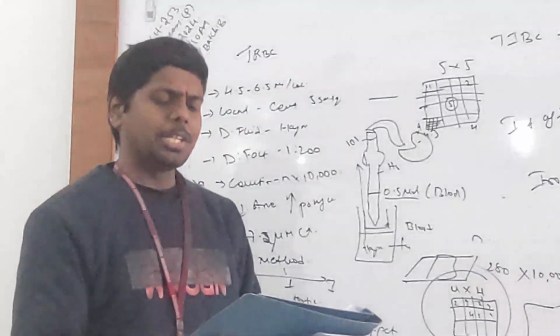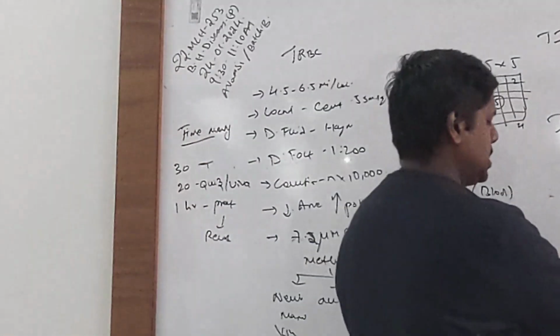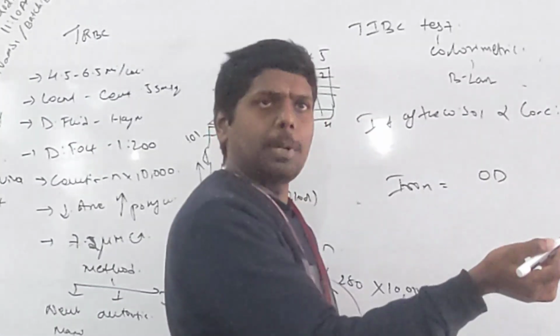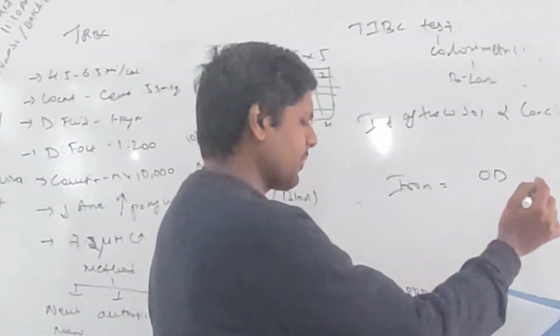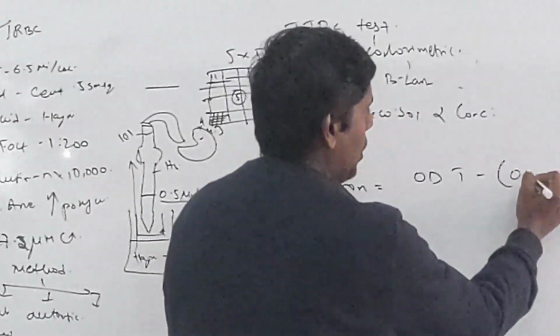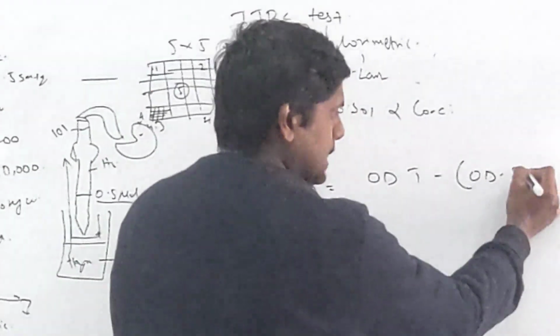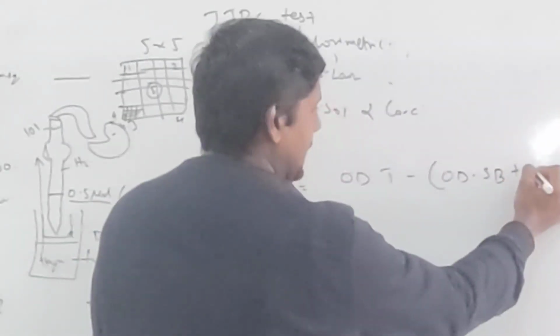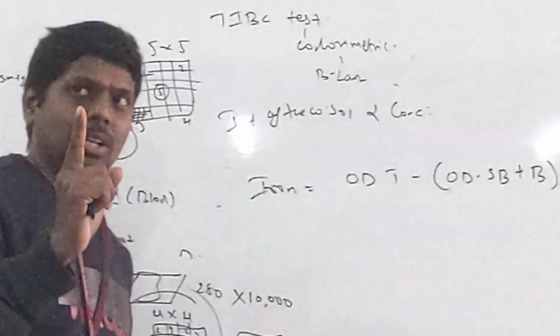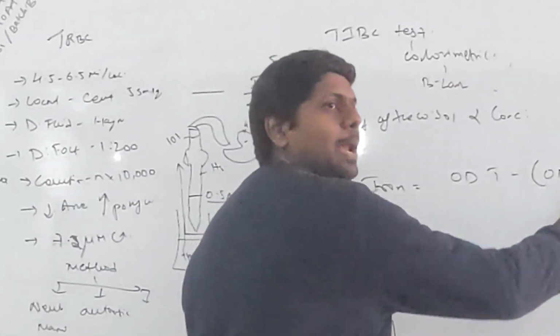So how we will measure iron means we will measure the OD, optical density, or OD is also called absorbance. You already know, right? OD of test minus OD of sample blank plus blank. So I am giving a new term here, sample blank and blank.